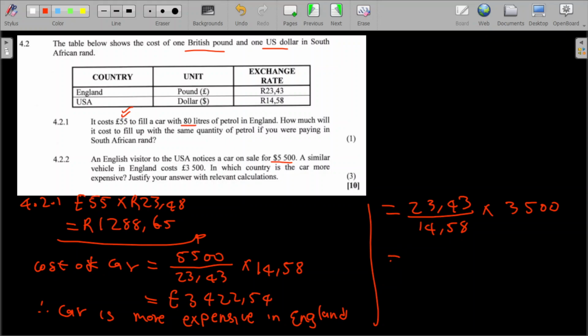Then we get it in dollars, which gives us 5,624.49. I hope you can also see from here that the conclusion is still the same: the car is more expensive in England.